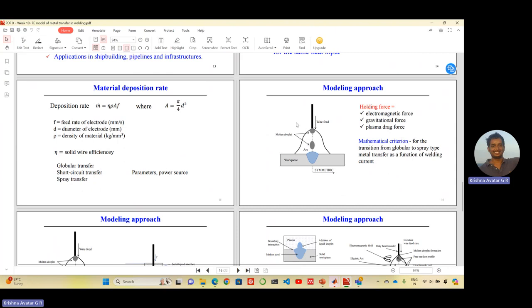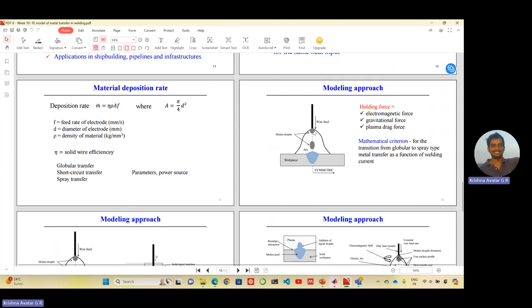Now as we come to the second part of our discussion, which is the FE-based modeling. We have this filler material and this wire feed, then we have this molten droplet. It drops off because of the creation of the arc between the workpiece and the filler material.